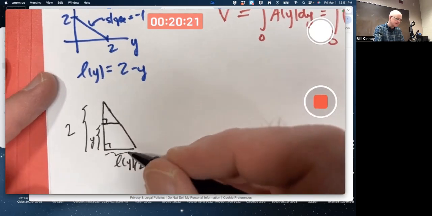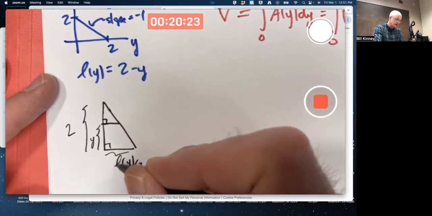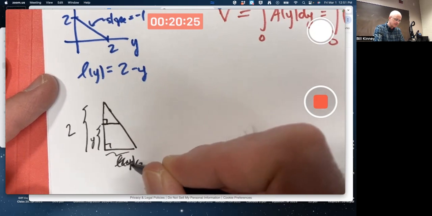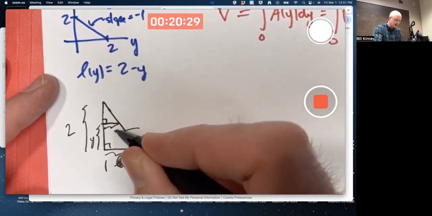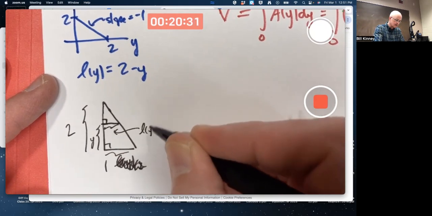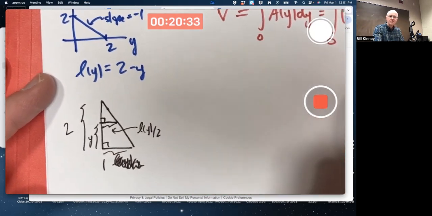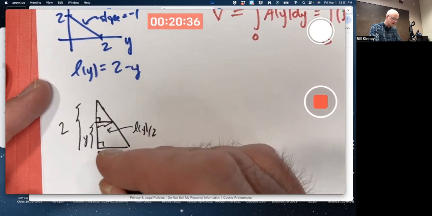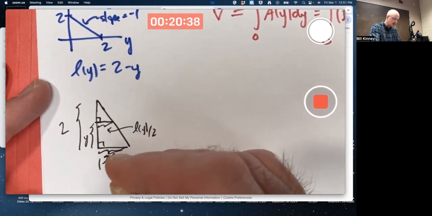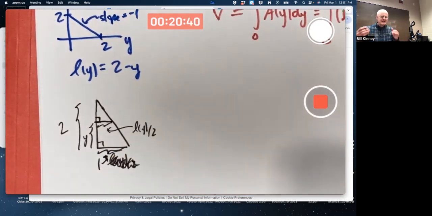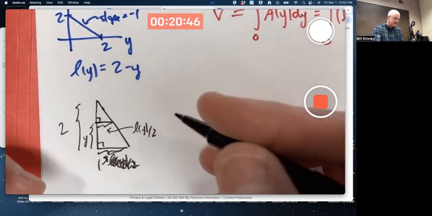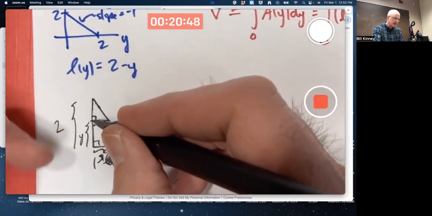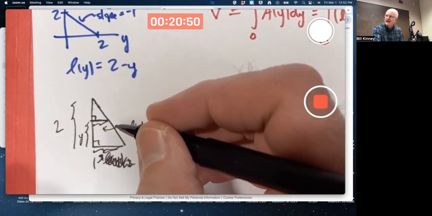Oh, I made a mistake. This is 2 divided by 2 here. This is 1. This is L of y over 2. This length right there is 1. Can I use facts about similar triangles to find L of y? These two triangles being similar means ratios of corresponding sides are the same.